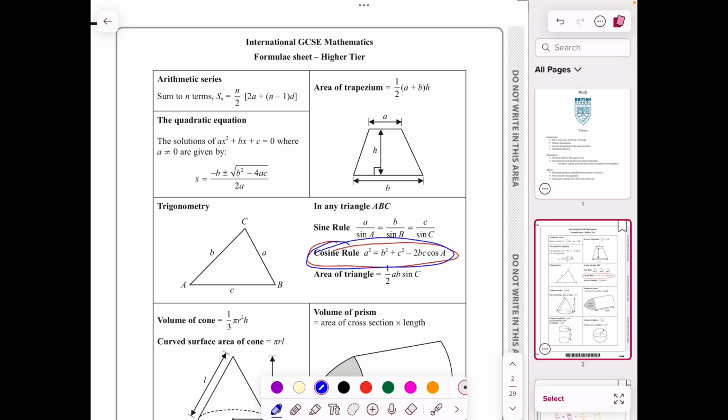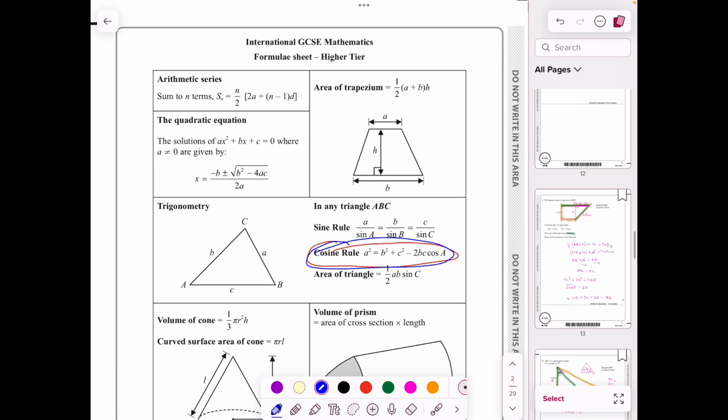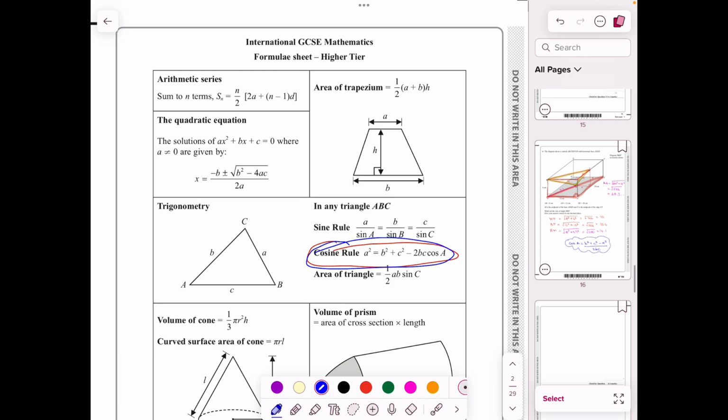And here's your cosine rule, and it's to rearrange this. So remember, the cosine rule they give you in the formula sheet is to find a missing side. To find a missing angle, you will need to rearrange this. Or, as I mentioned earlier, you need to memorize the rearranged form.